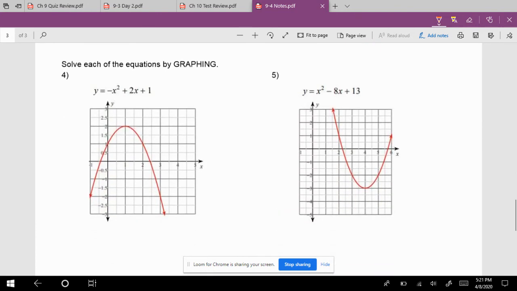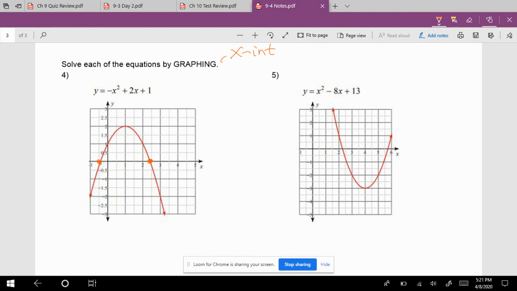All right, so now let's go to our last method of solving: solve by graphing. We can use that if we have the graph. On number 4, all you have to do for solve by graphing is find your x-intercepts. I have an x-intercept here and here.